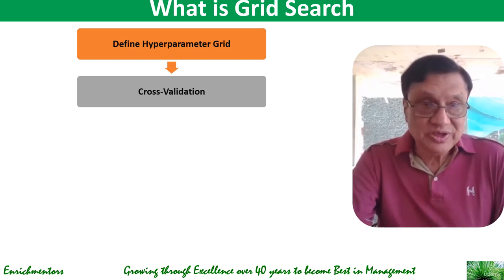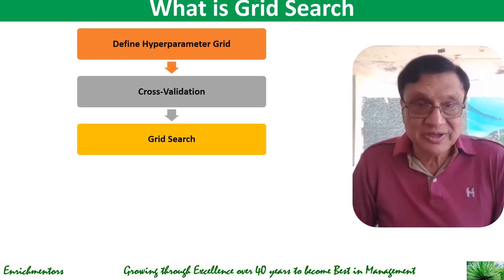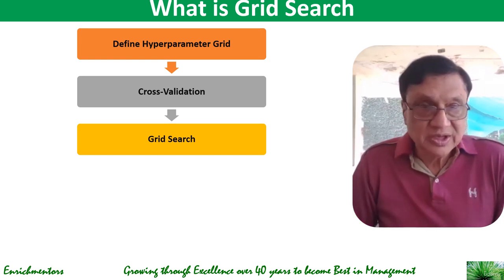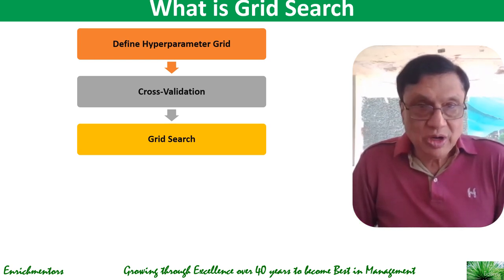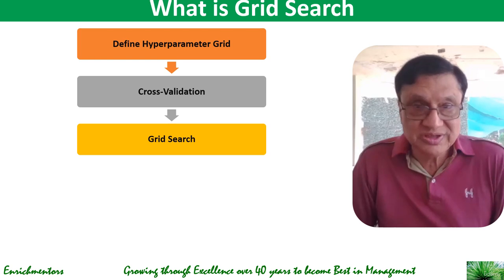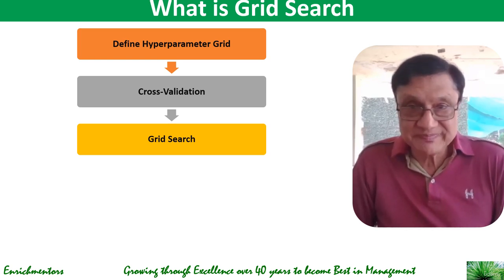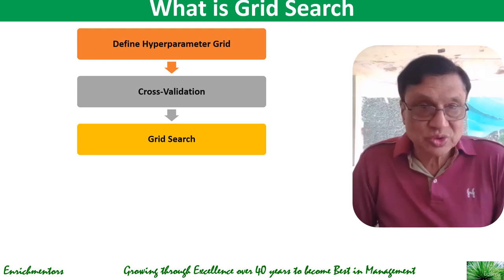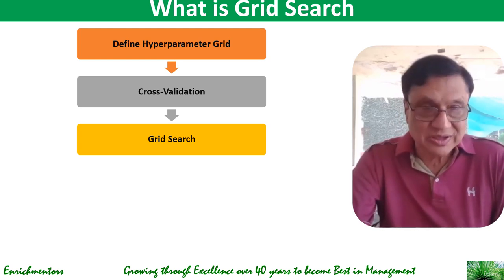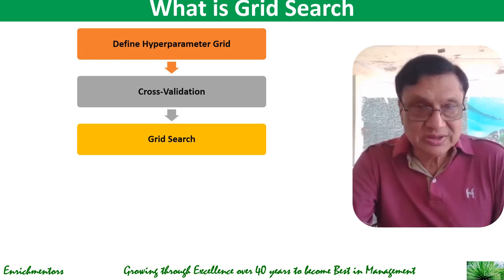Then for each combination of hyperparameters in the defined grid, you train a model using the training data with the current hyperparameter values, evaluate the model performance using the validation data and record the evaluation metrics, accuracy, F1 score, etc., as applicable. And you repeat this process for all combinations of hyperparameters in the grid.